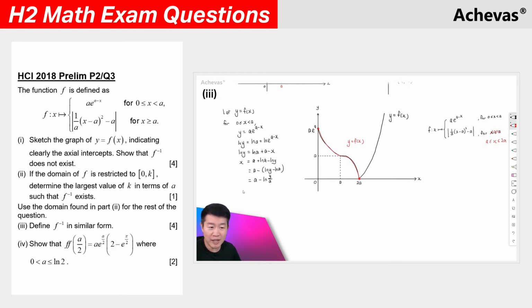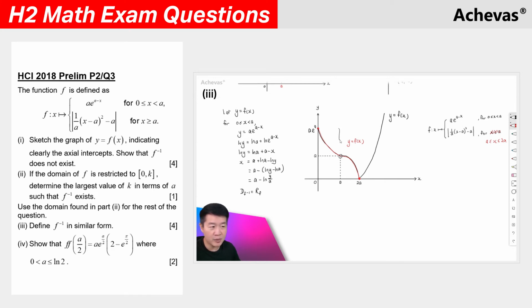But we do need the domain of f inverse, which is the same as the range of f. Looking at this part of the graph of f, we can find the corresponding range of f. X is supposed to be bigger or equal to 0. So here it's going to be a solid dot. X is supposed to be strictly less than a. So here, if I were to base it on just this portion of f(x), it's going to be a hollow dot.